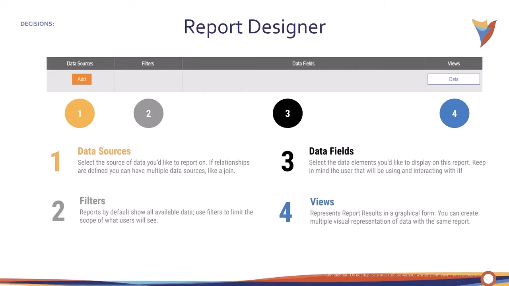In the data fields section, we add all the columns that we would want to be displayed on the report. And the views, the fourth point, allow us to showcase data in other formats. I can create a pie chart or a bar chart instead of the regular record-level representation of a report.